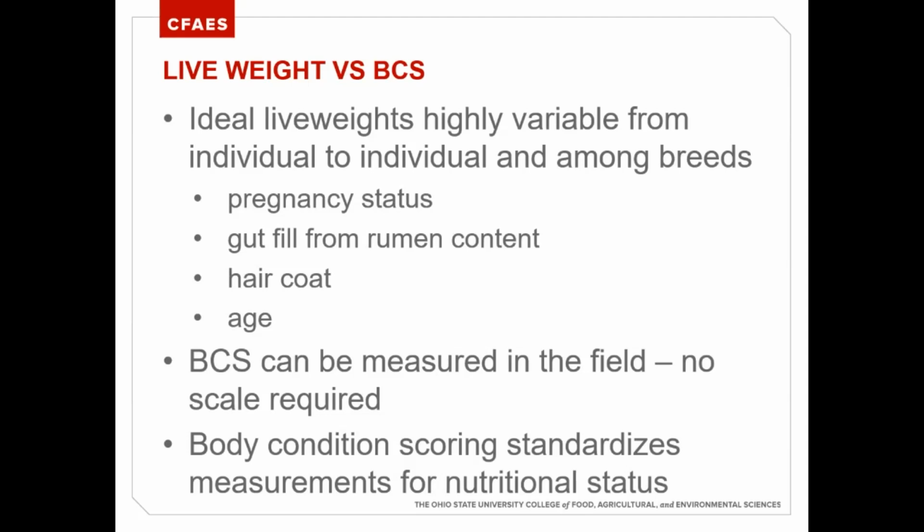One advantage of using BCS to live weights is that BCS can be measured in the field. You don't actually have to bring in the herd and get them on the scales to know their live weights. By using body condition scoring, we can better group animals based on their scores that have been standardized, and then use these to determine which groups get additional supplementation or fed higher quality feedstuffs.